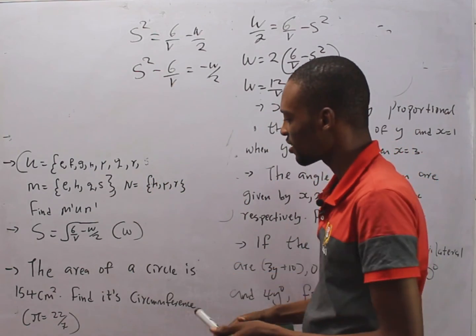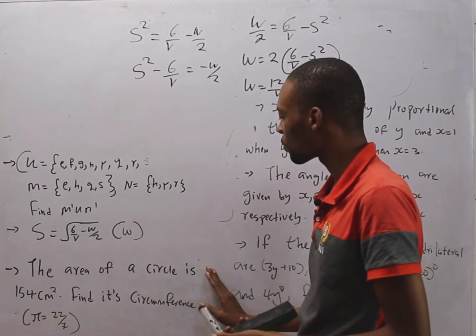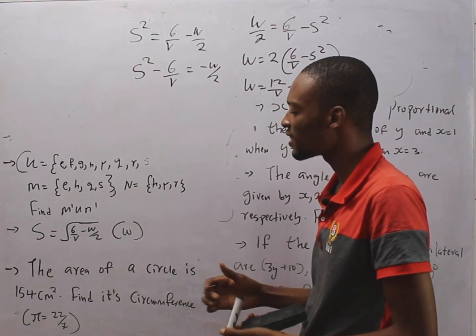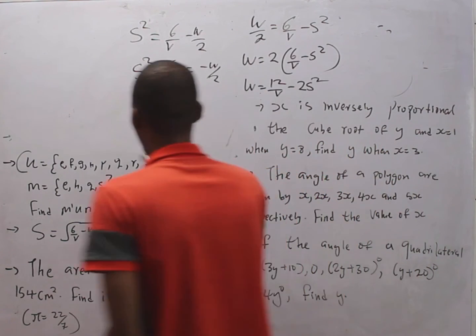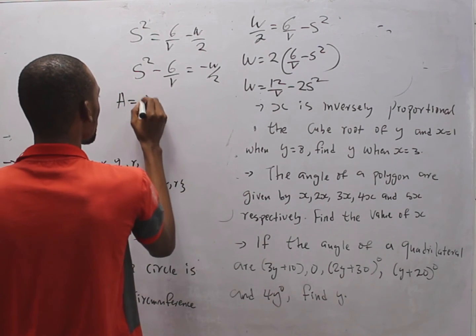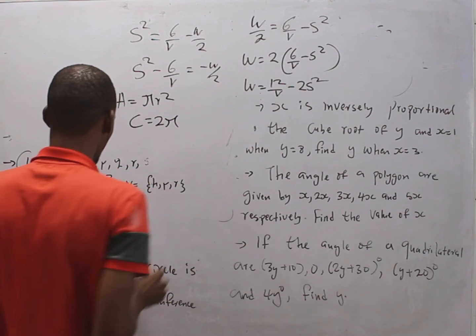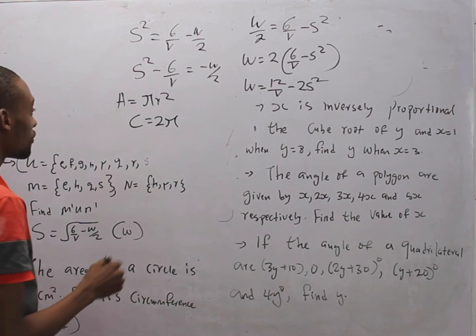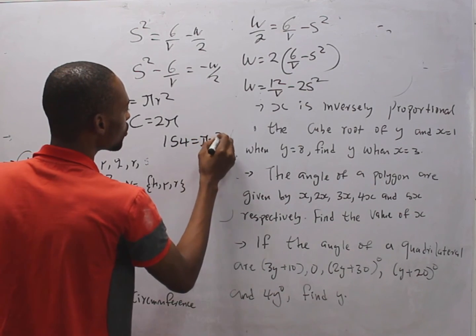And this question says, find the circumference of a circle. The area of a circle is 154 centimeters squared. Find its circumference. Area is equal to pi r squared. Circumference is equal to 2 pi r. From area is 154, it means 154 is equal to pi r squared.